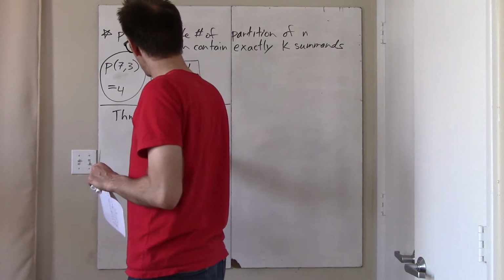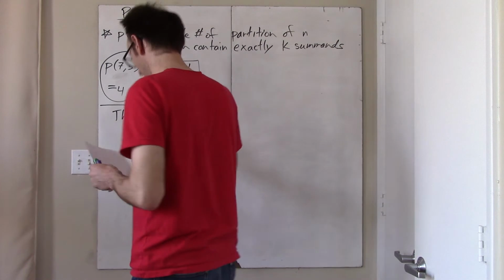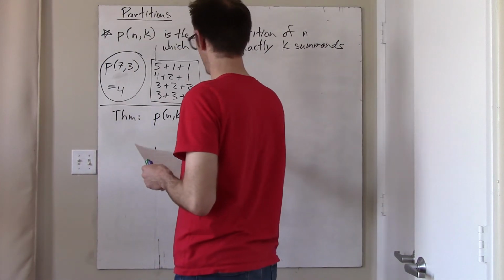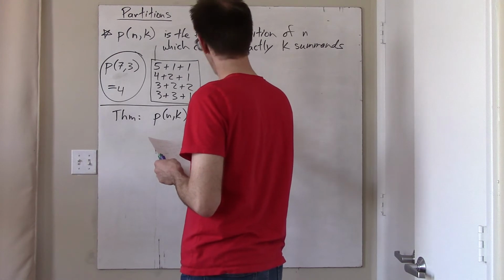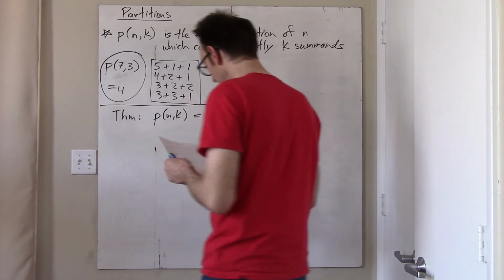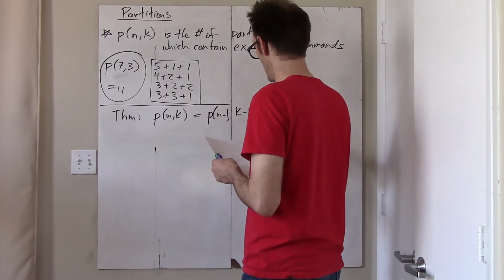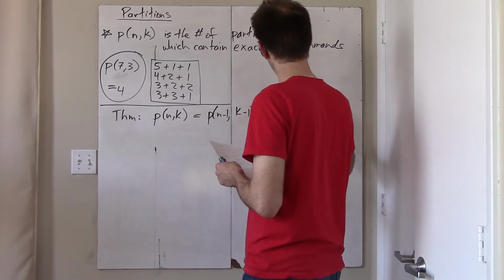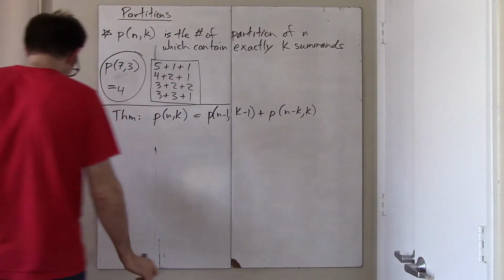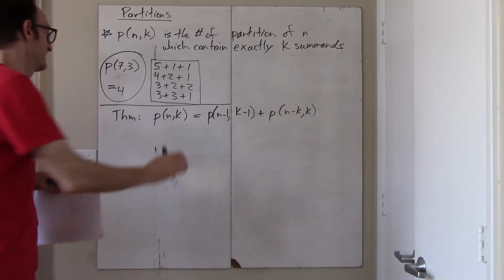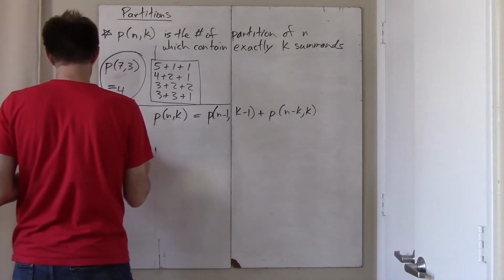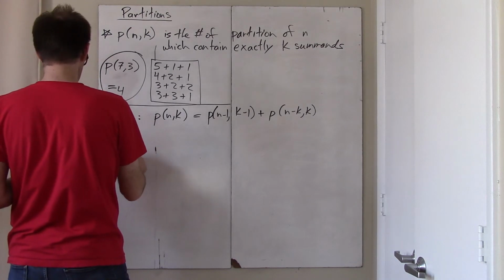It says that P(n,k) is P(n-1,k-1) plus P(n-k,k), with some boundary conditions established, and they're all kind of boring.